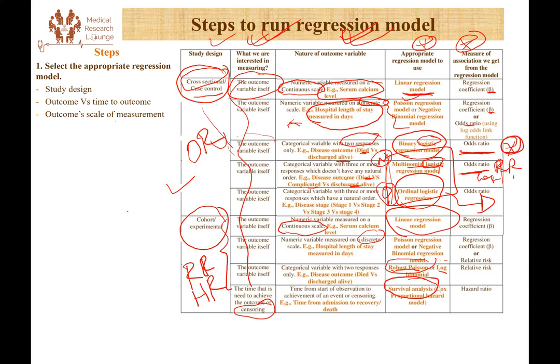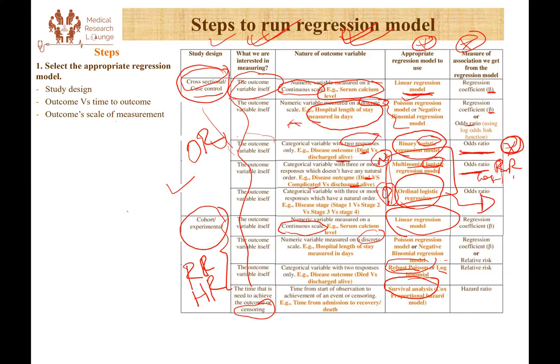So survival analysis is interested in measuring the time from a given exposure up to the development of the outcome. And if there are participants who did not develop the outcome while we're observing them due to different reasons, the analysis method can also accommodate these participants and give us the results.